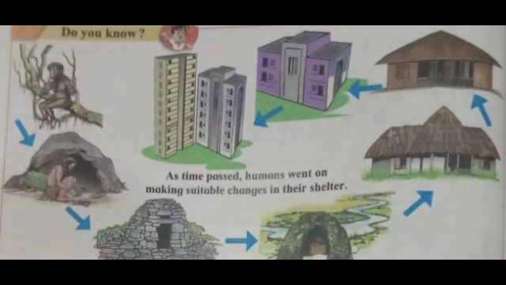Then by scientific technology, they started to make big houses with bricks, limestones, cement, sand, iron. They use all these things for the construction.